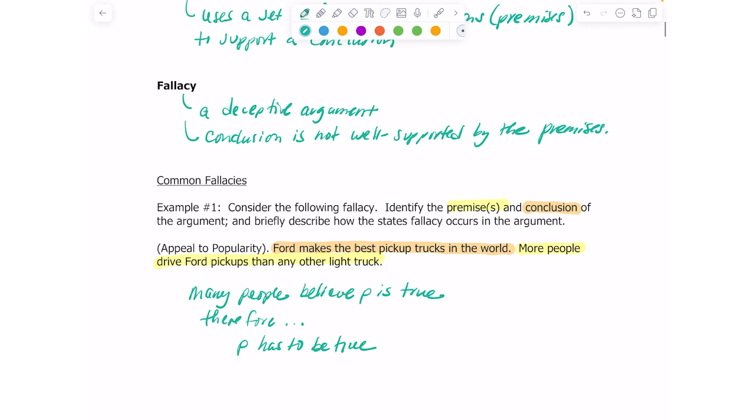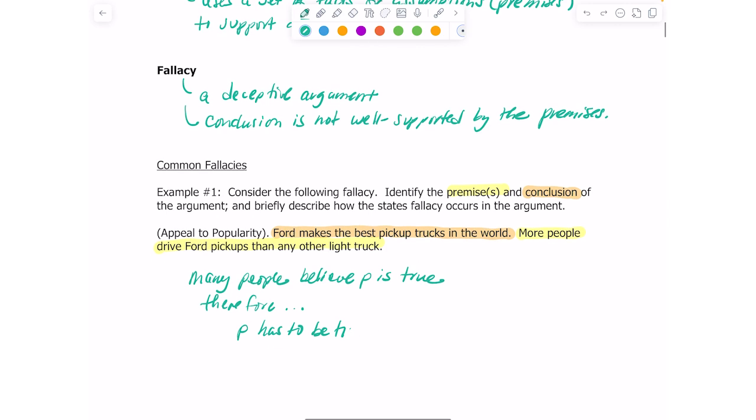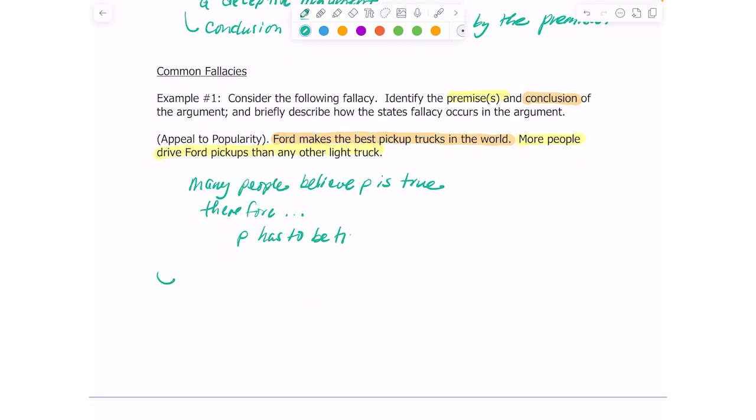So if an argument takes on that form, then the fallacy that is being created is called appeal to popularity. So again, it's saying that the fact that large numbers of people believe or act in some way is used inappropriately as evidence that the belief or action is correct.